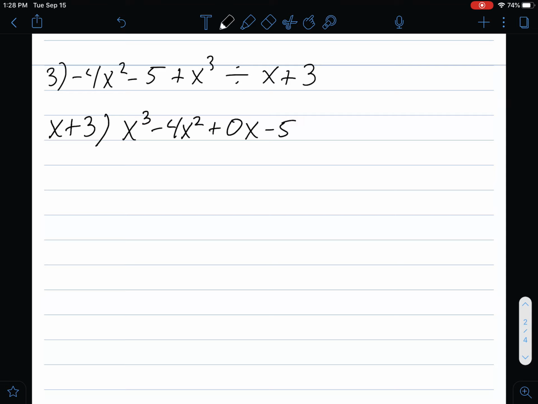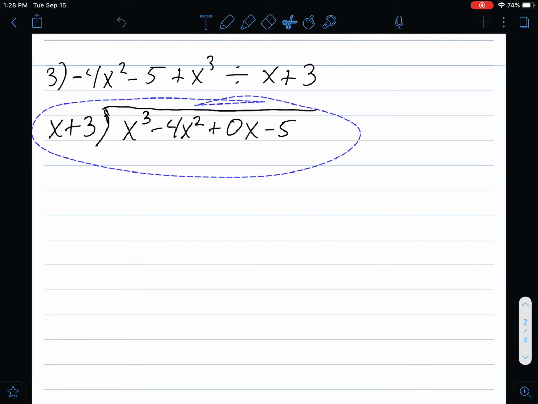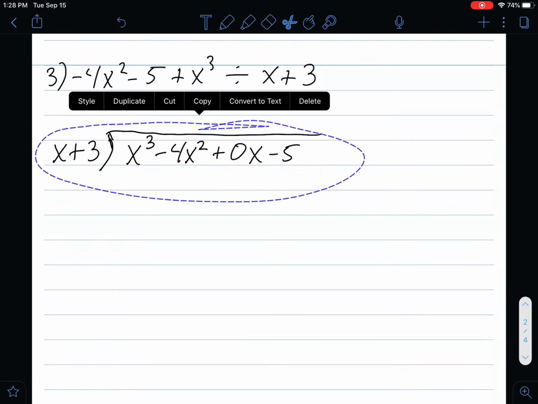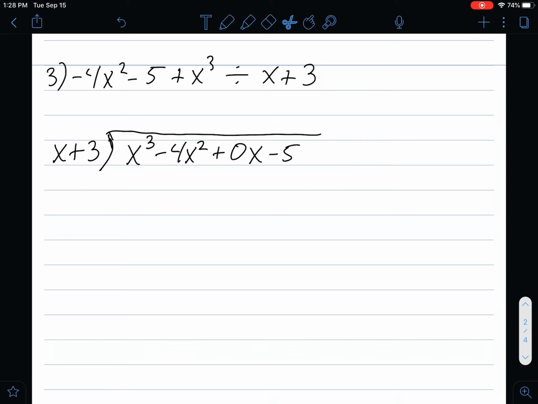Because x to the first is missing, it does have to be represented in some way, and we're going to do that with a coefficient of 0. We're not really changing things, but we are putting x to the first in as a placeholder. So now that we have our dividend in order, we can begin.